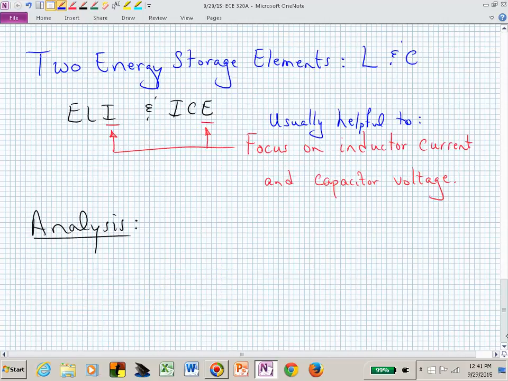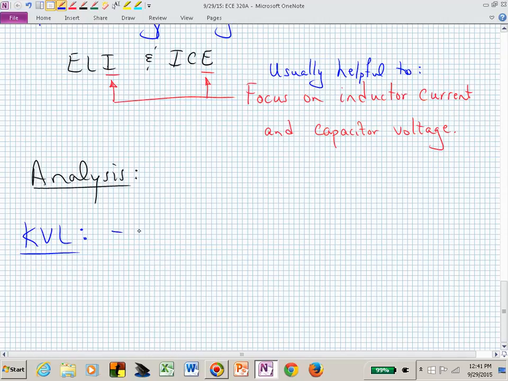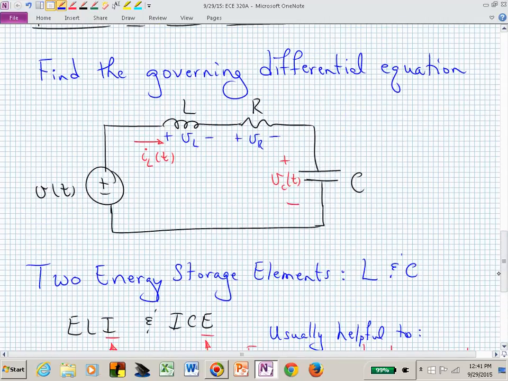Now I can say, okay, for the analysis, what if I do write the KVL equation, and I'll start in the lower left-hand corner. Now I'm going into the negative terminal of my voltage source. That's now minus V of t. Then I have a voltage drop across the inductor, resistor, and capacitor.